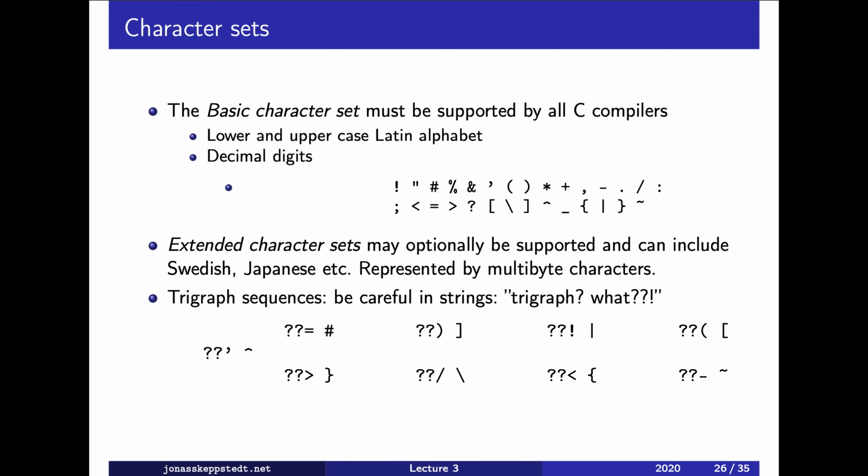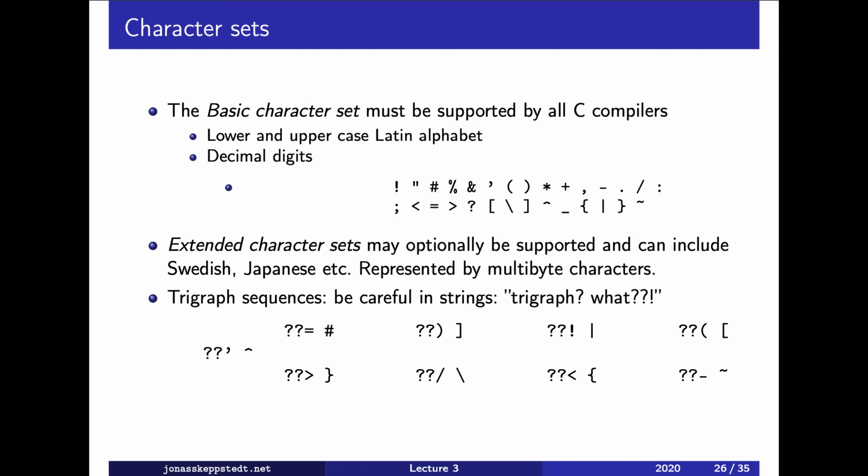Okay, I should also say that we are allowed, but it's not guaranteed to be portable, to use non-Latin characters in identifiers. But it's trivial to implement in a compiler.